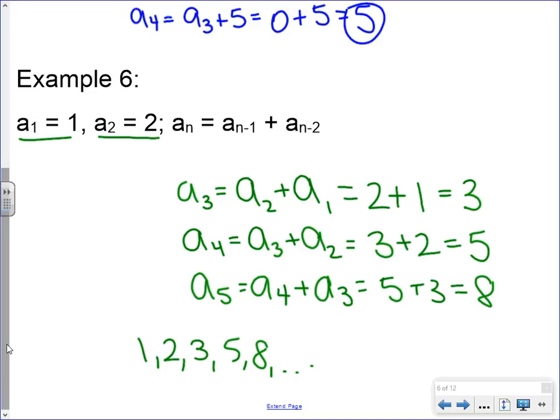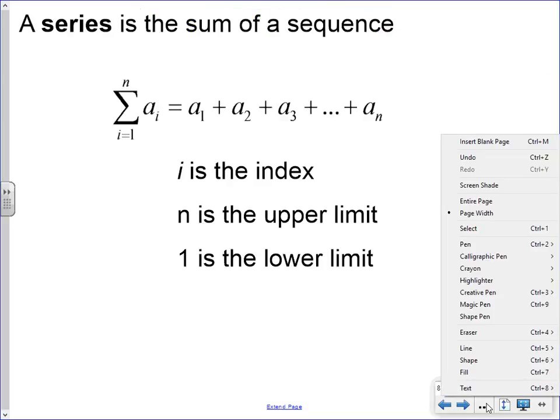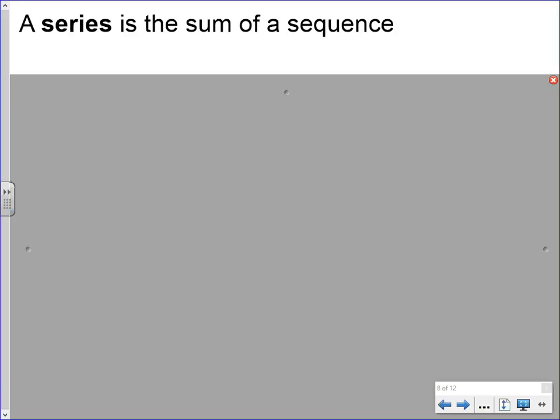Okay. All right, let's talk about a series. A series is the sum of a sequence. Okay. Sum means what? Addition. Okay. And this is where we get some fun symbols.